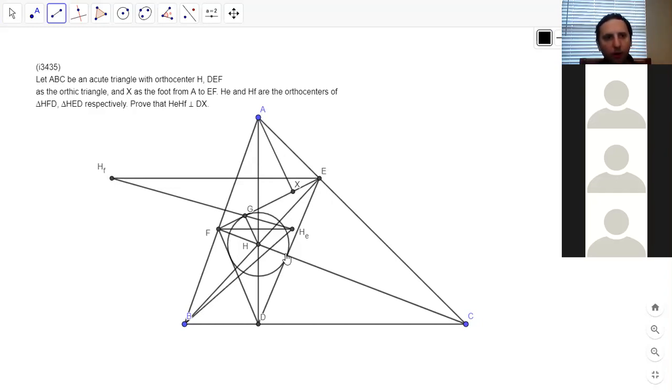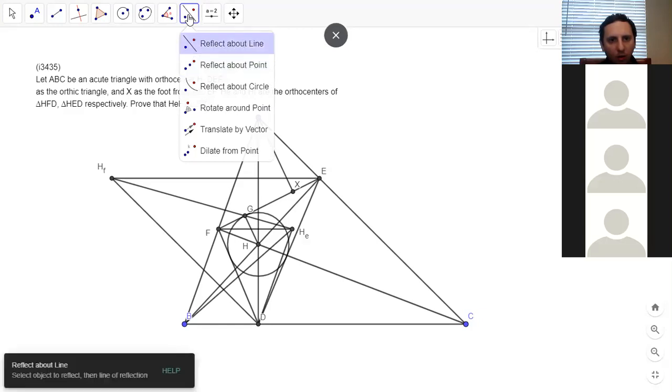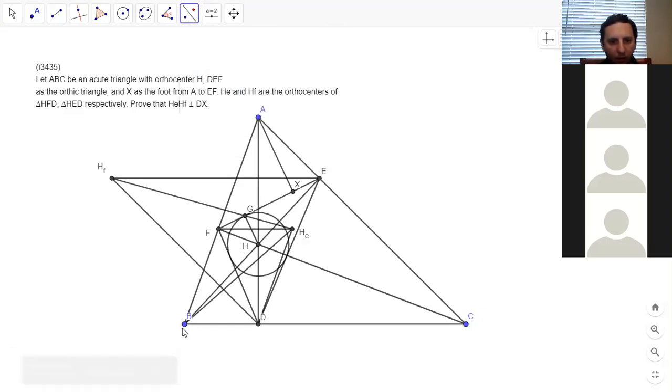This can be easily proven by using a well-known fact about the incenter-excenter configuration. So in triangle DEF, H is the incenter and B is the excenter. And if you reflect B across the midpoint of DF, then that point must be the orthocenter of FHD.